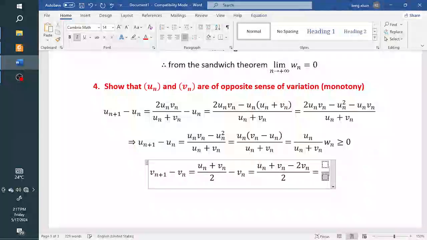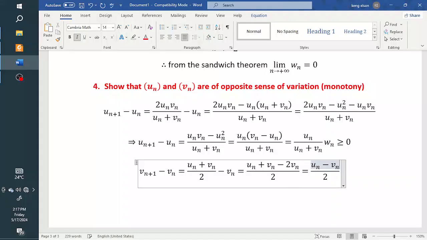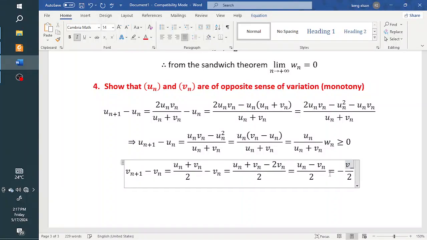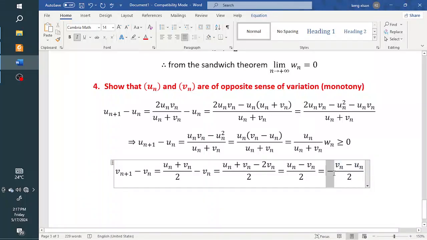Okay, now we have 2 here, so we are going to have Un. Vn minus 2Vn is negative Vn. Now you realize that if you factorize a negative sign, we are rather going to have Vn minus Un in the numerator. This negative sign here is going for everything here. So once we multiply by negative, we arrive here. But what is Vn minus Un? It is Wn.